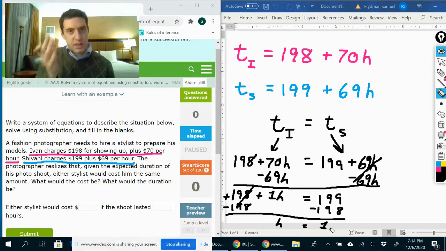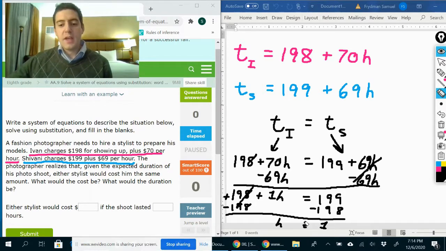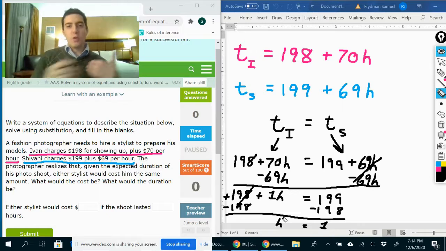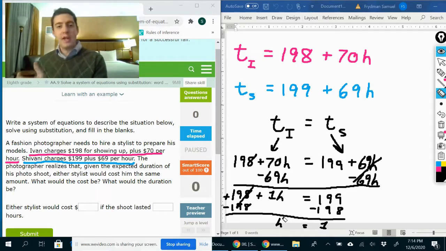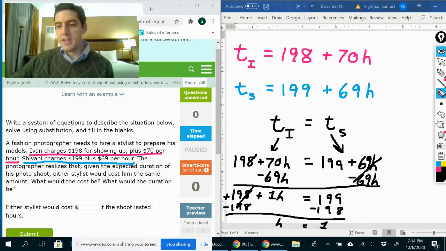So what is the significance of this answer here? It means that if 1 hour goes by, so if I spend an hour at Ivan's salon or an hour at Shivani's salon, it doesn't matter because both of them will charge me the same exact amount. And if you don't believe me, let's just plug that in here.